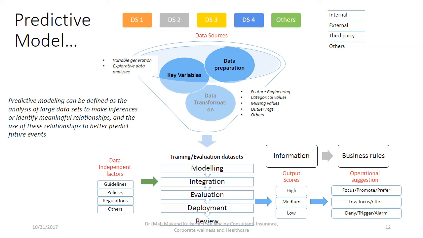What is important at the time of integration, or the time of creating the ideal model for a predictive analysis here, is we need to also incorporate a little component of data independent factors.